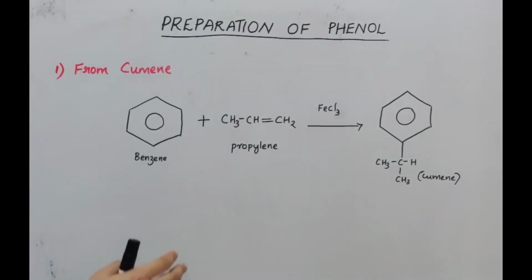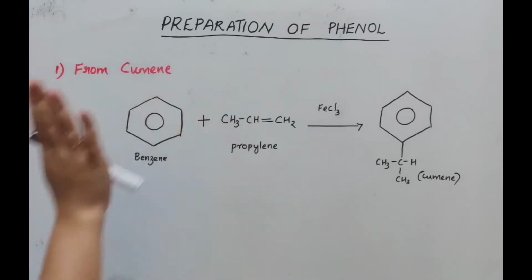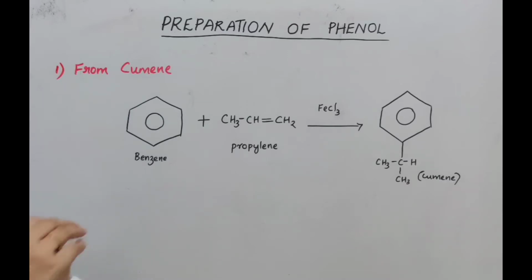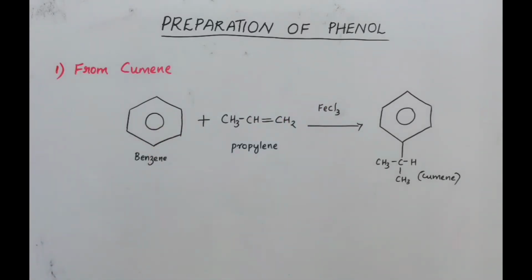And which type of catalyst are we using here? Most commonly we are using AlCl3, or else BF3 or FeCl3, that is ferric chloride.